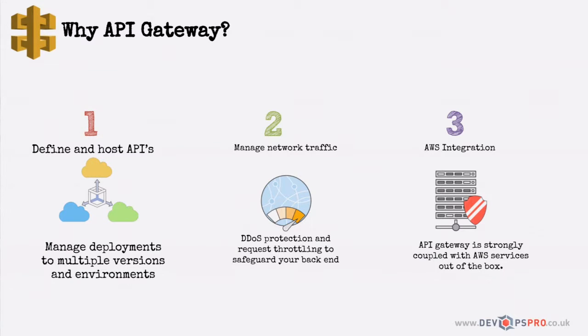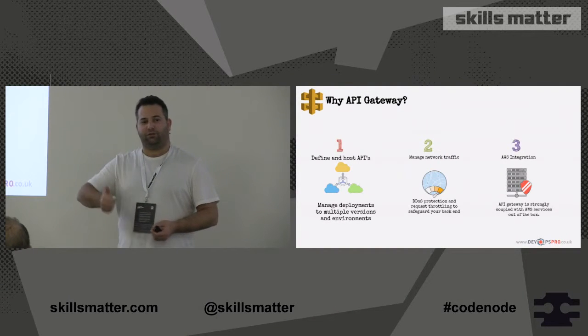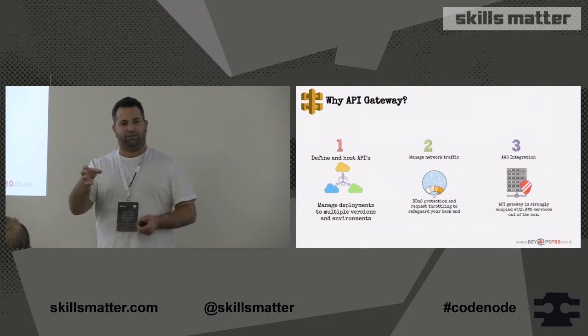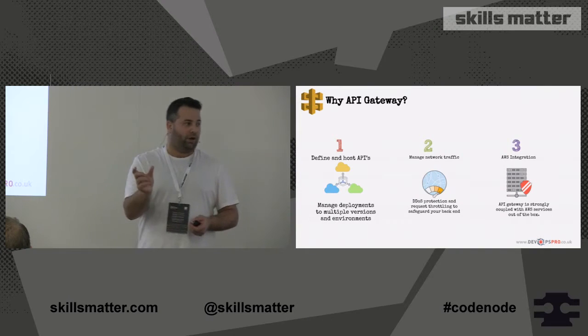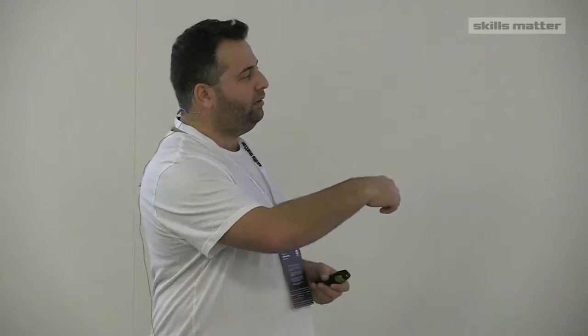It gives us protection in the form of DDoS attack defense. It can just throttle a lot of the requests, just remove them. If we see a valid DDoS attack coming to our servers, we can identify it very quickly and block it in API Gateway. We don't need to block it in our servers. We don't need to block it in our application. We can block it directly in API Gateway.